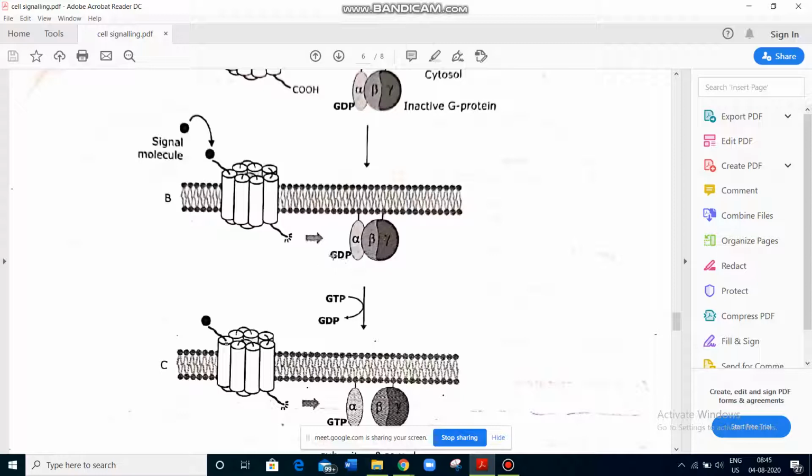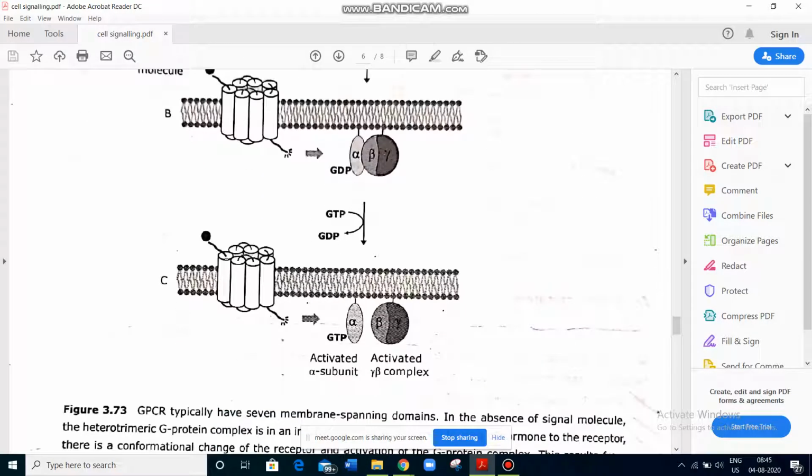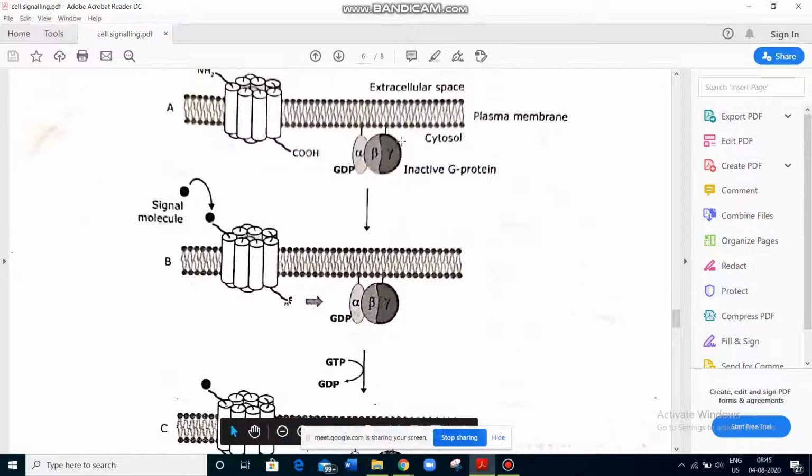After replacing the GDP, you now get alpha, beta, gamma in this conformation. Previously alpha, beta, gamma were closely bound to each other. Alpha and beta gamma is an inseparable complex, but alpha and beta gamma can be separable.